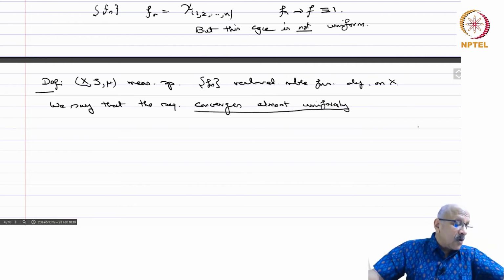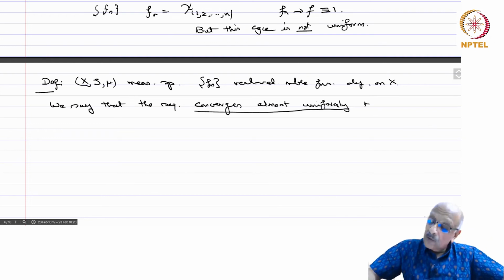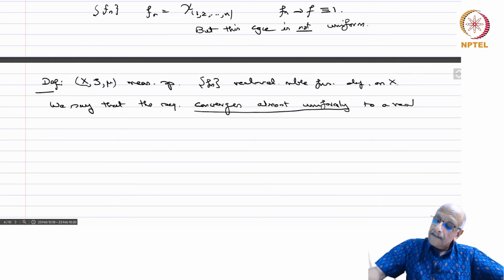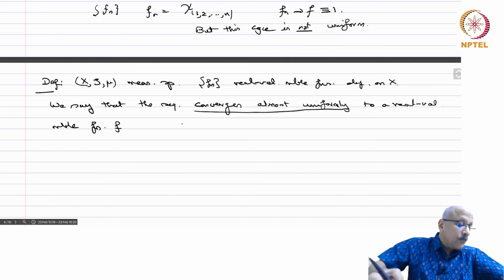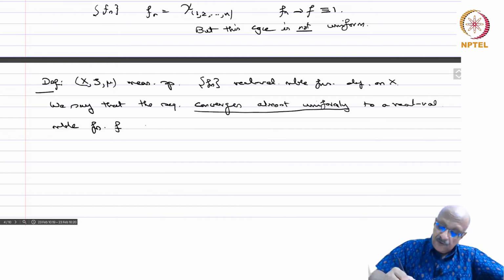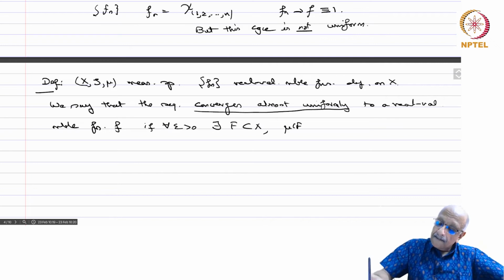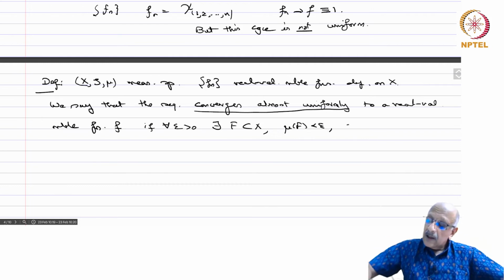It converges almost uniformly to a real valued measurable function f if for every epsilon positive there exists an F contained in X, measure of F less than epsilon, and fn converges to f uniformly on F complement.